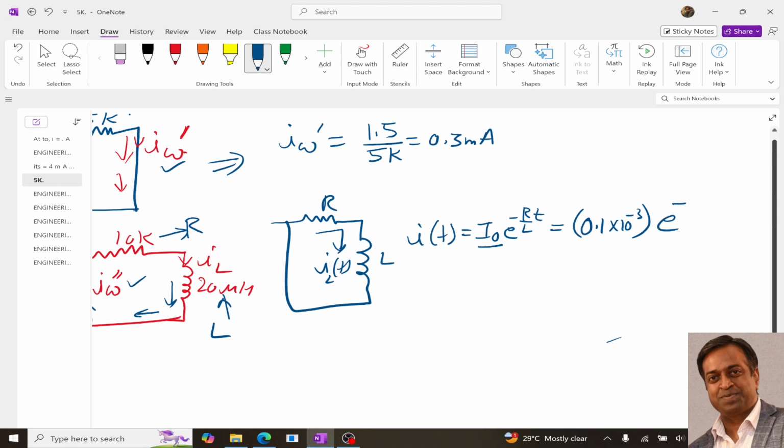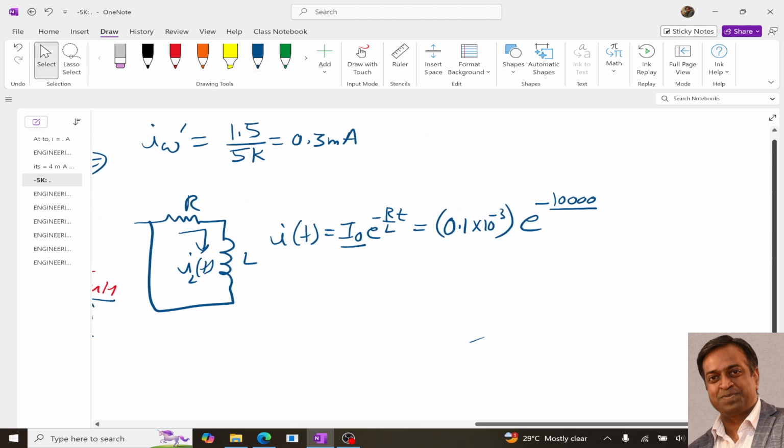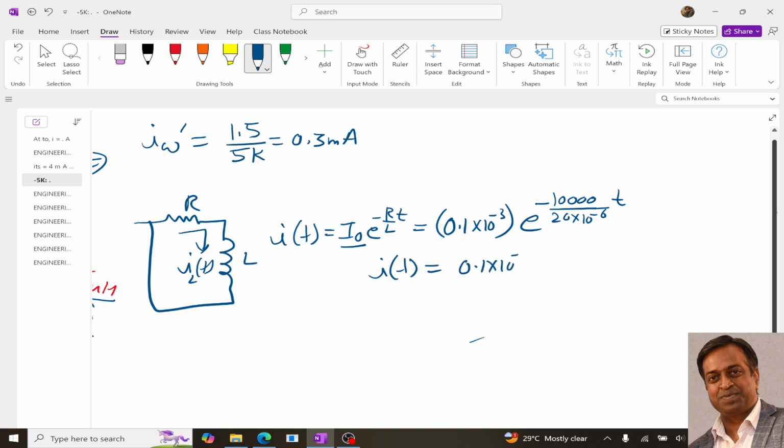E power minus R is 10k, so 10,000 divided by L, where L is 20 microhenry, so 20 into 10 power minus 6, t. So simply we can get I(t) equals 0.1 into 10 power minus 3 e power, and now this and this are going to cancel out.